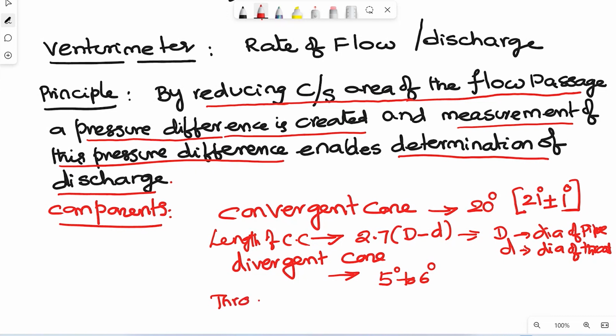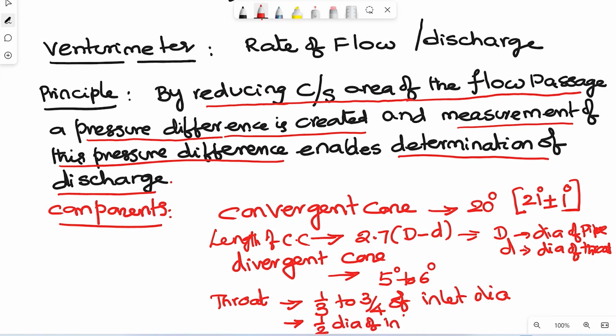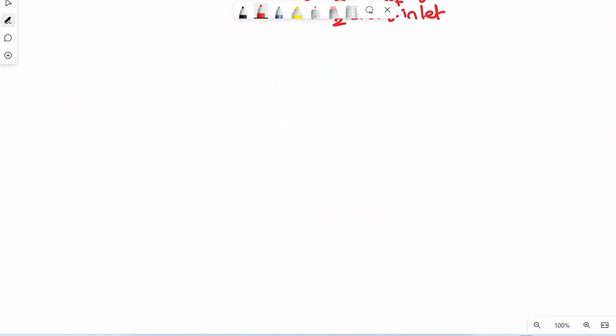The throat diameter is generally 1/3 to 3/4 of the inlet diameter, and some people will keep half of the inlet diameter also. It all depends. So now I will draw the figure and show you what it looks like. For example, this is the convergent cone.